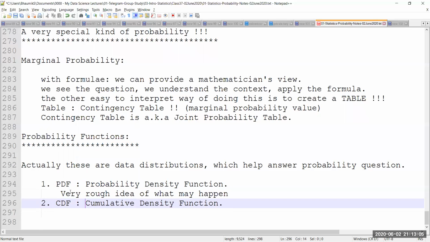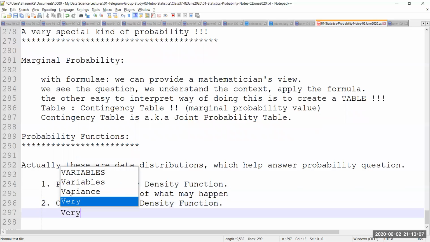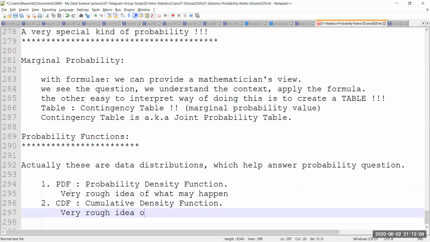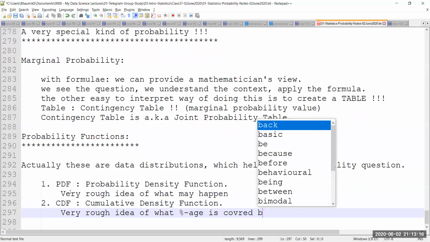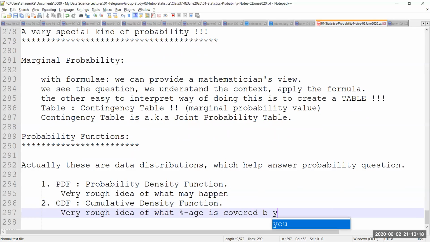CDF, or cumulative density function, gives a very rough idea of what percentage is covered by what value. This is a very difficult explanation that I have given. We will soon be moving over to IPython notebooks, in which case I'll take examples. But as of now, let's go back to that diagram which we were trying to draw.